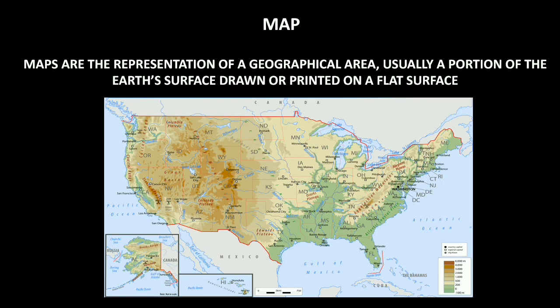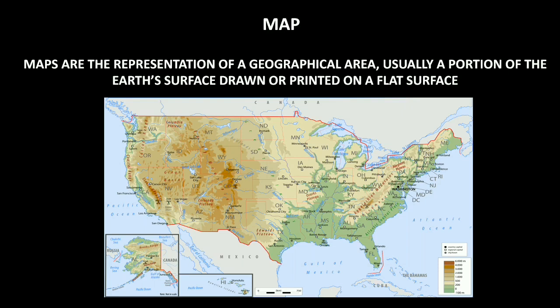So when we say map, it usually means the representation of a particular area. So we draw a map of Kohima. It is the representation of Kohima, which we will either draw or print out. The map of Kohima.